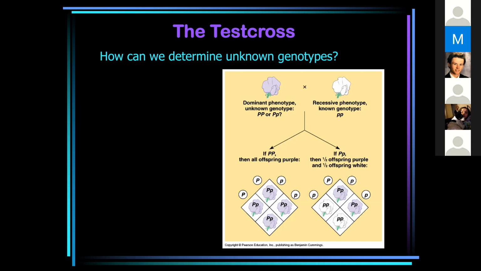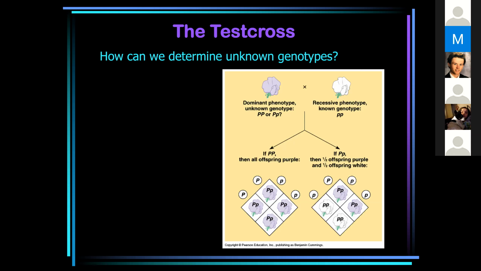If, on the other hand, the original purple plant was a heterozygote, big P, little p, then half of the F1 will be big P, little p, purple, and half will be little p, little p, white. So with one cross, you can determine the genotype, which is unknown and is masked by the phenotype.